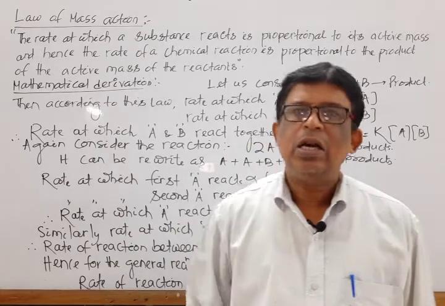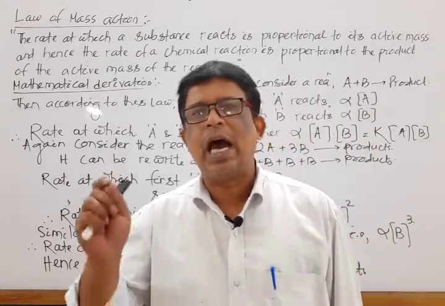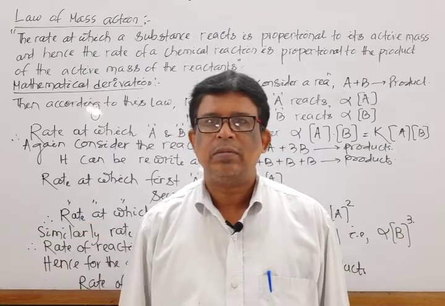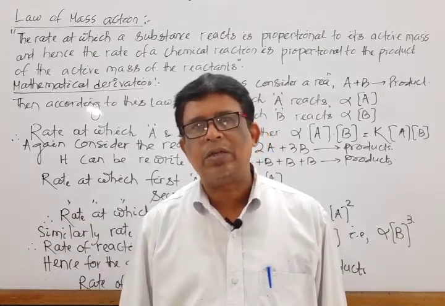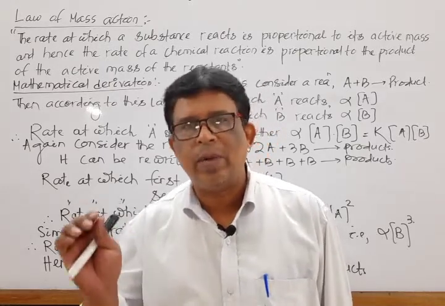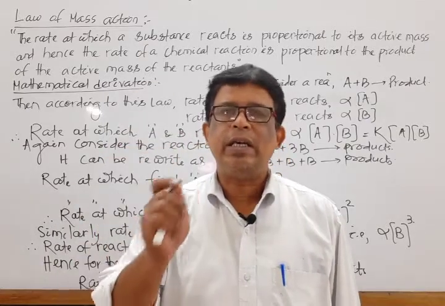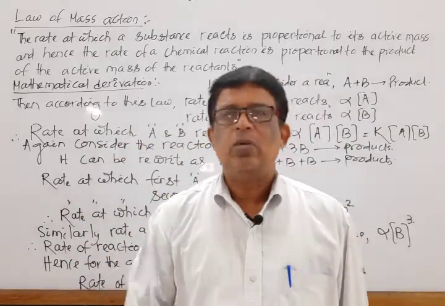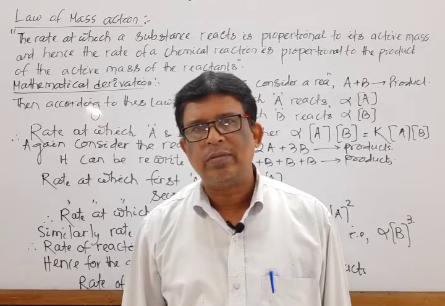This law states that the rate of a reaction is directly proportional to its active mass, and hence the rate of a chemical reaction is directly proportional to the product of molar concentrations of active masses, each term raised to the power equal to its coefficient, as represented in a balanced chemical reaction.